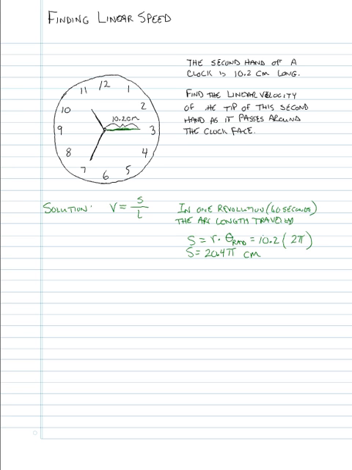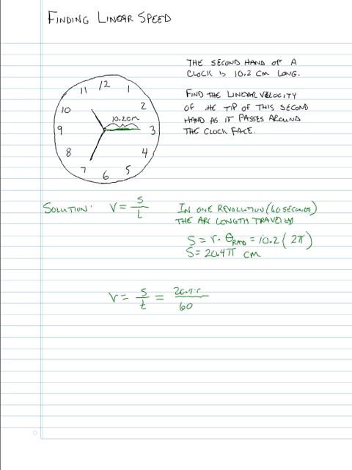Now for the linear speed, that's what we need, the linear speed being s divided by t. The arc length for 1 full revolution we decided was 20.4 pi, and our time was 60 seconds.